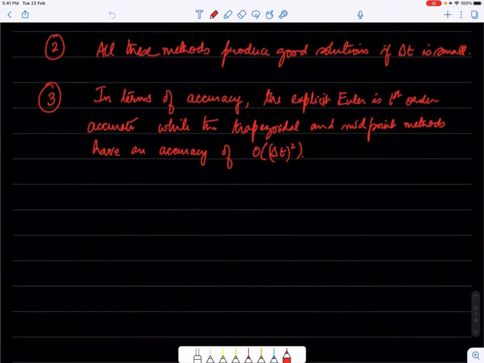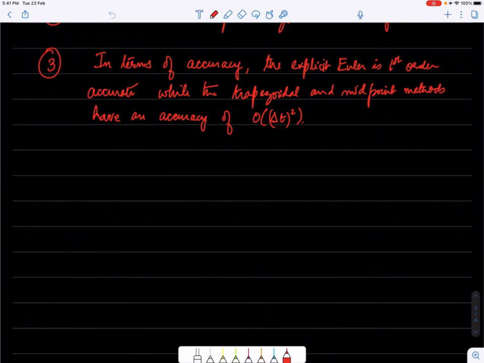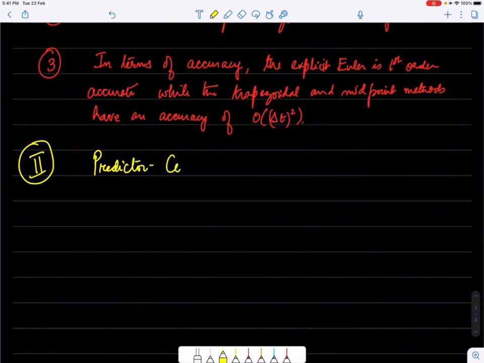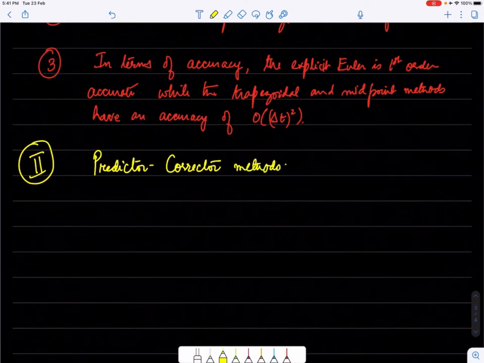Now there is a second category of methods that can also be used to solve these kinds of initial value problems. These methods are called predictor corrector methods, and these combine the best of the two methods, explicit and implicit.